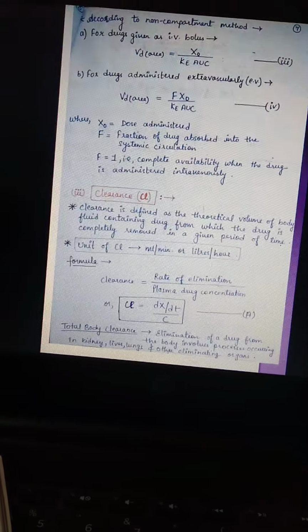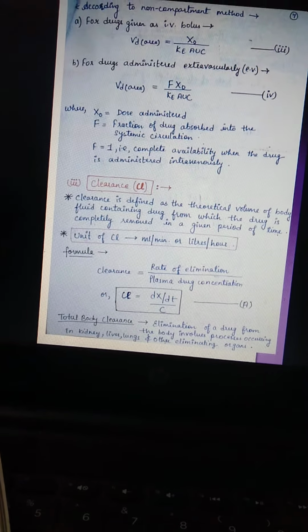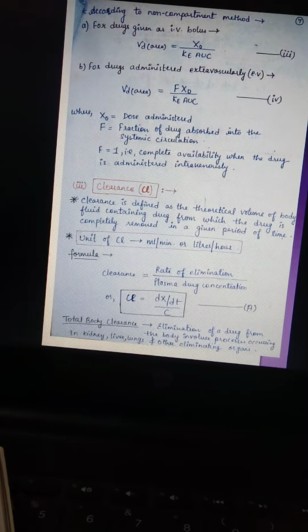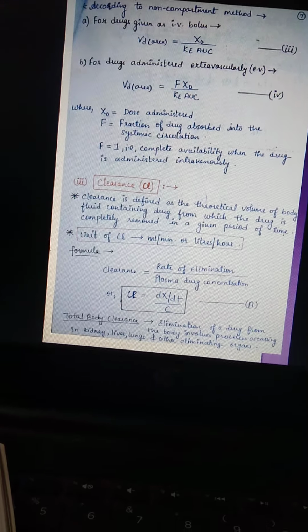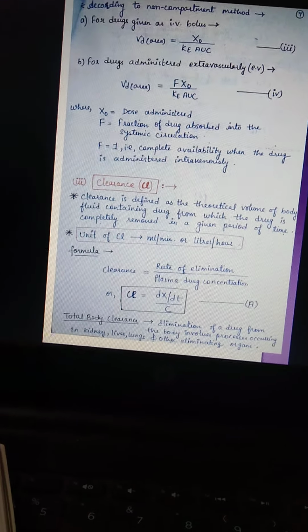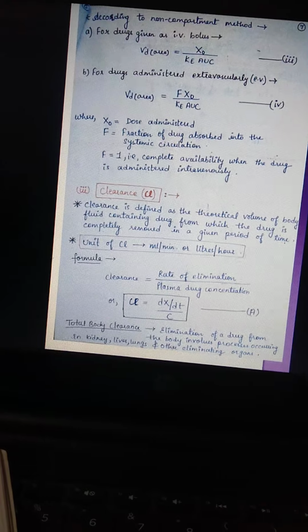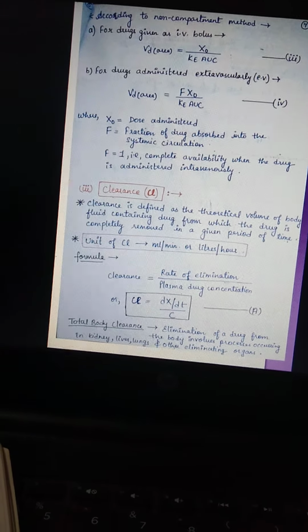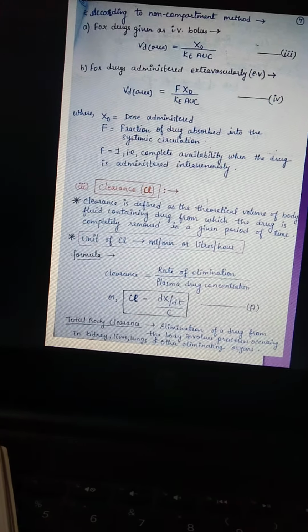Okay, the clearance at an individual organ level is called an organ clearance. It is estimated by dividing the rate of elimination by each organ by the concentration of drug presented to it.